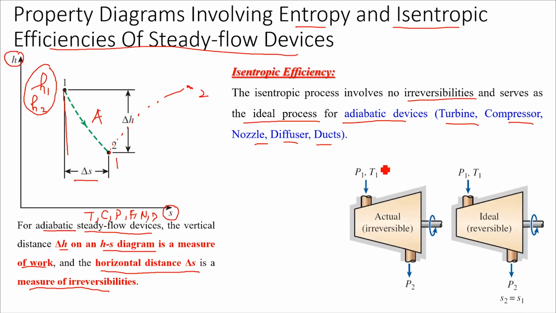For an actual process, pressure and temperature are different at state 1 and different at state 2. For the ideal reversible process, the pressure and temperature at the initial state and the pressure at the final state are given, but entropy would remain constant at the two states. So you should remember whenever you're talking about an ideal process or an isentropic process, your entropy would remain the same.